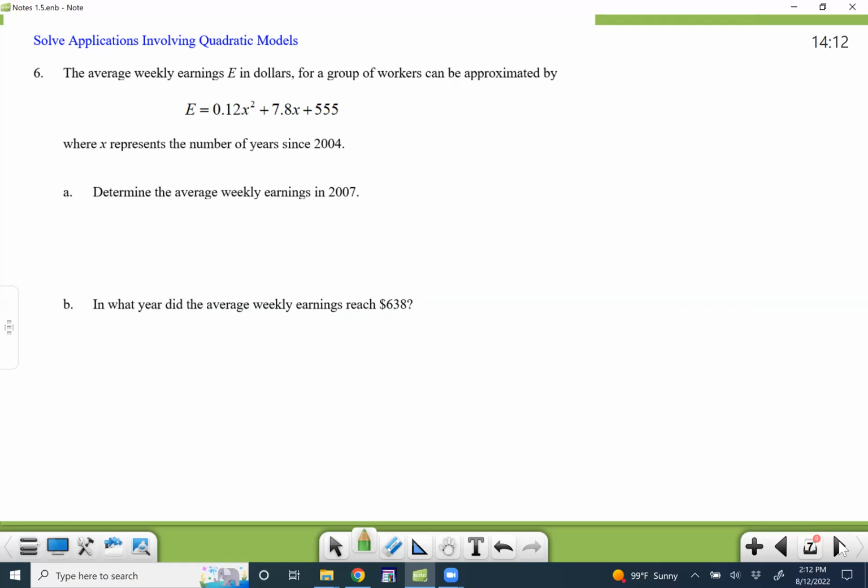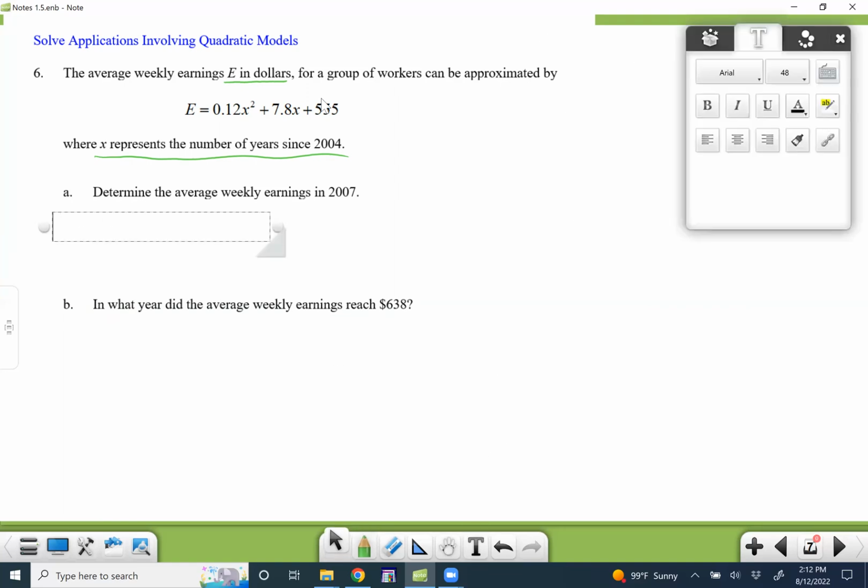It's one of those, do you know what the variables stand for? So you can see here, E stands for dollars, and you can see that X represents the number of years since 2004. So when they say to us, determine the average weekly earnings in 2007, the first thing we have to figure out is how many years since 2004. Okay.